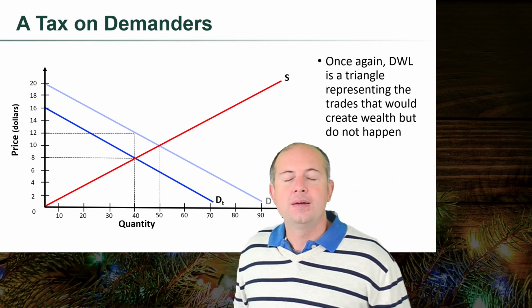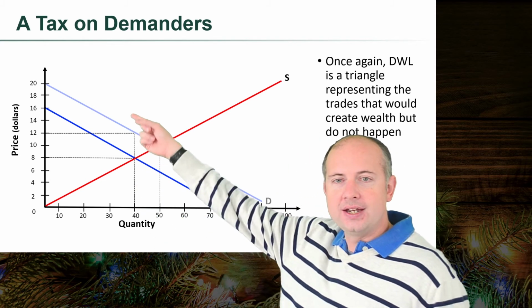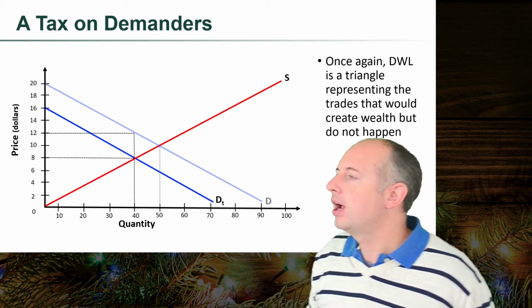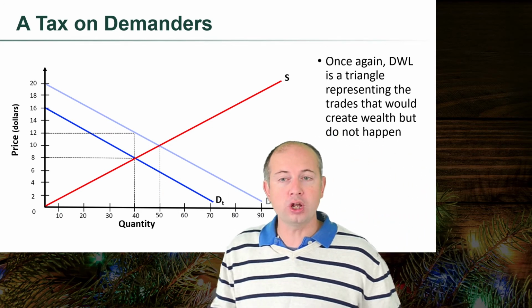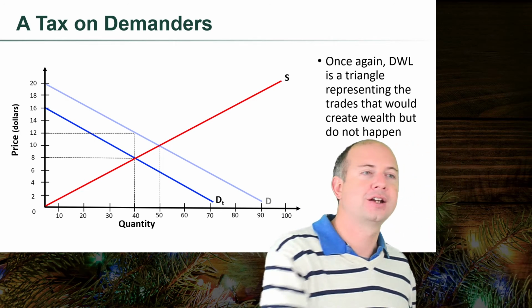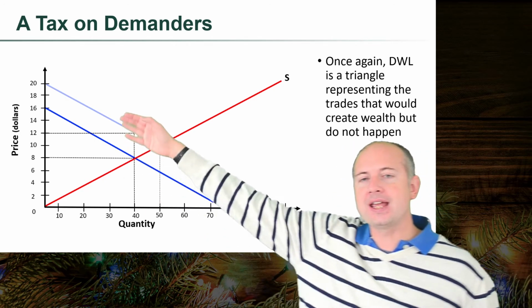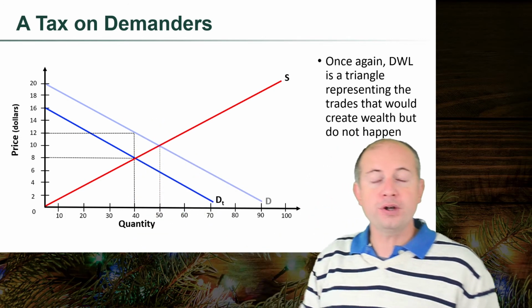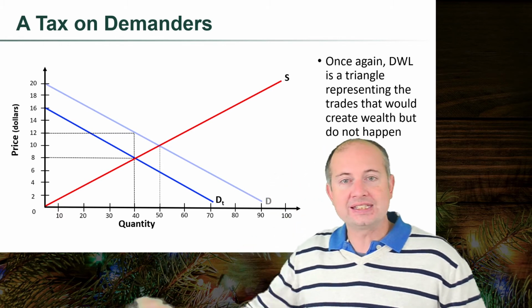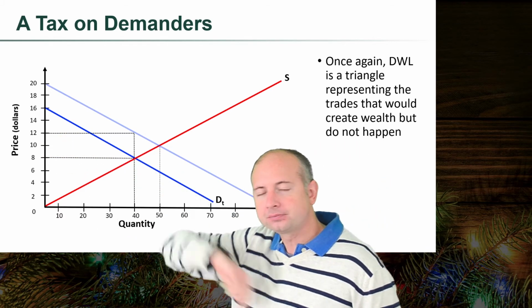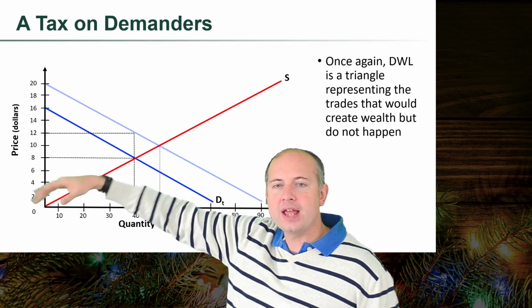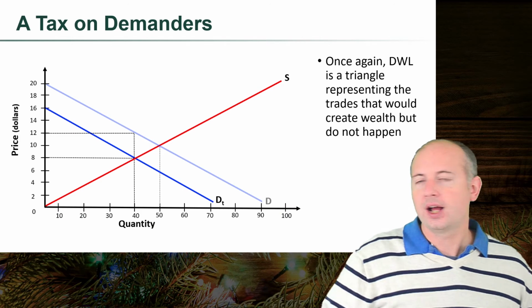So before, if you priced it at $12, I would buy 40. Now I'm willing to put out a total of $12 per pack for cigarettes. If that's the case, I'll buy 40. If you put a $4 tax on, now if you want me to buy 40 units, the seller has to cut the price to 8. Because now, instead of paying the seller 12, I'm paying the seller 8 and an extra 4 to the government in taxes.